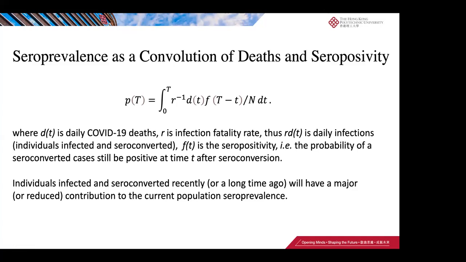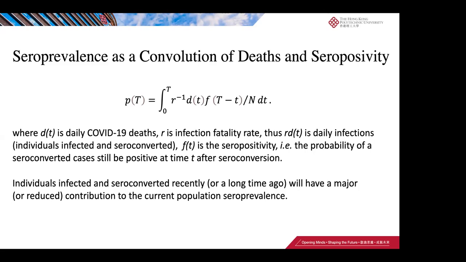I personally believe that mortality data is more reliable than the case data, because you cannot negotiate with death. For cases, it basically depends on testing effort, right?